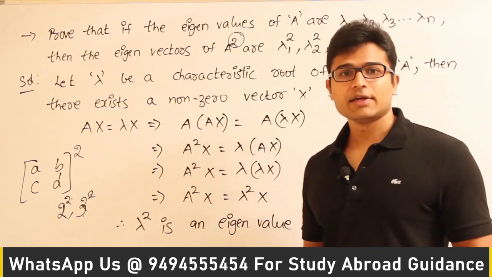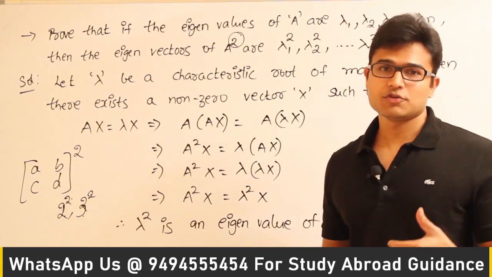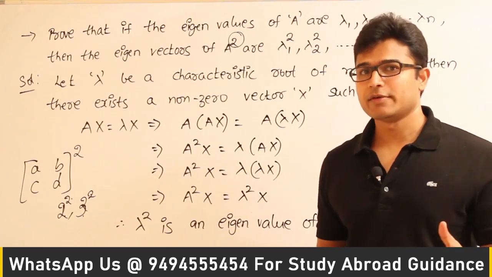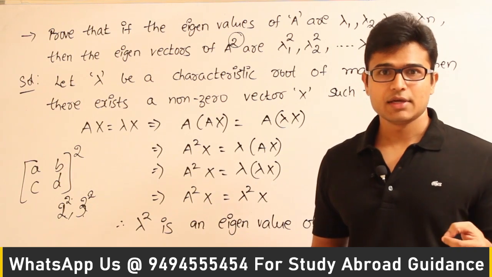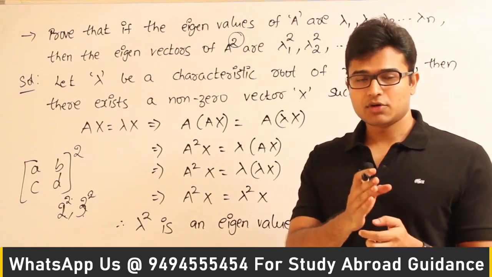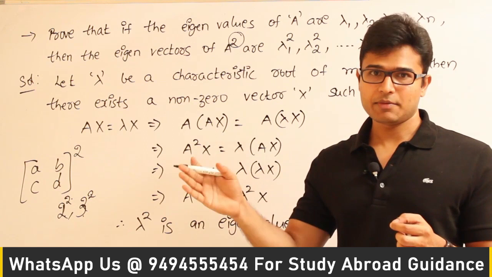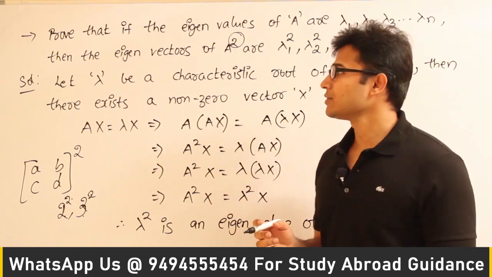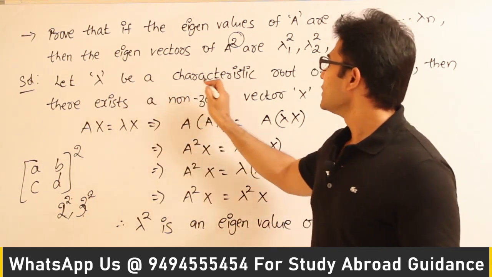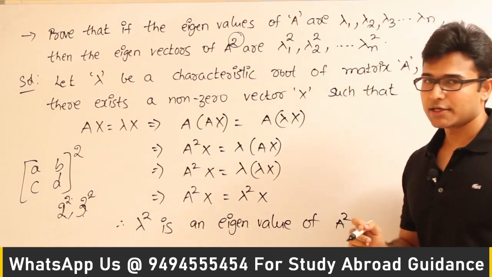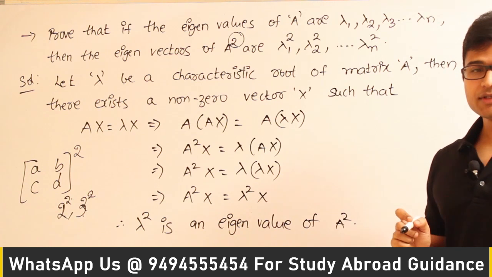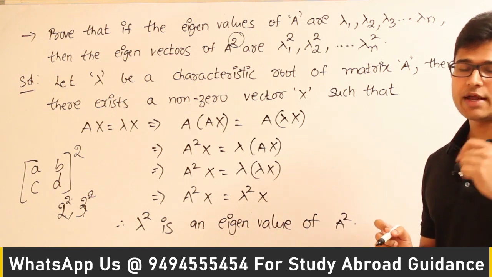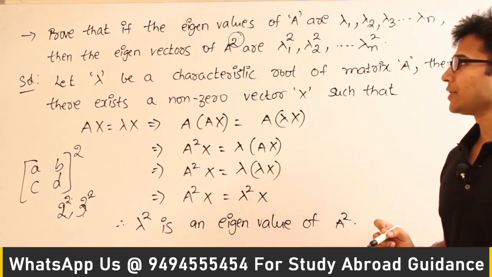Now they have already given that lambda 1, lambda 2, and so on up to lambda n are the eigenvalues of A. In order to avoid dealing with lambda 1, lambda 2, up to lambda n, I'll deal with lambda itself. So let lambda be a characteristic root of the matrix A, which means in place of lambda 1, lambda 2, up to lambda n, I'm just substituting lambda.